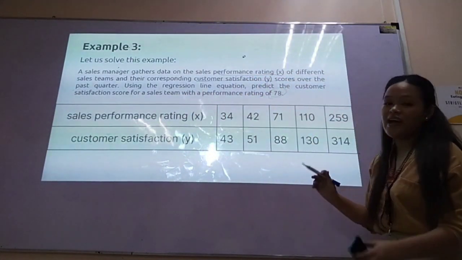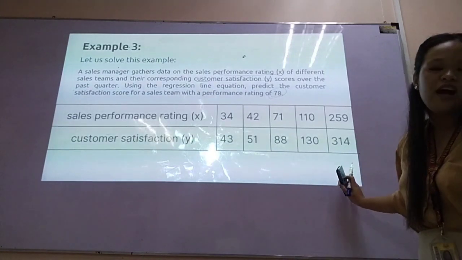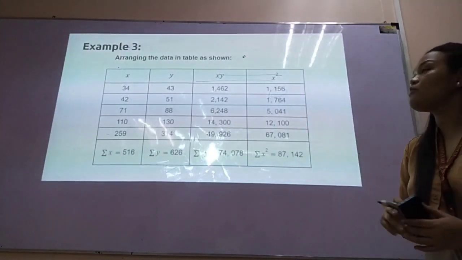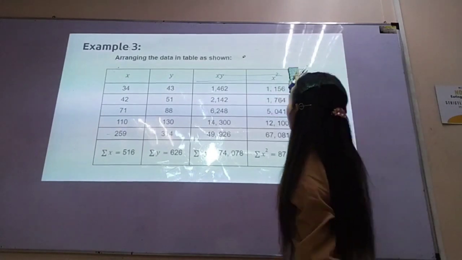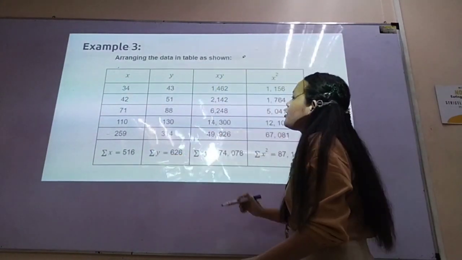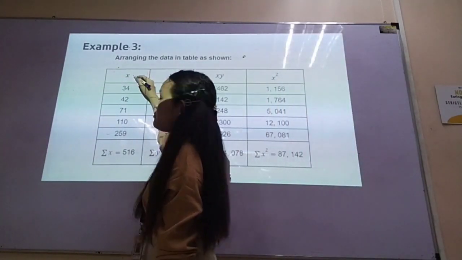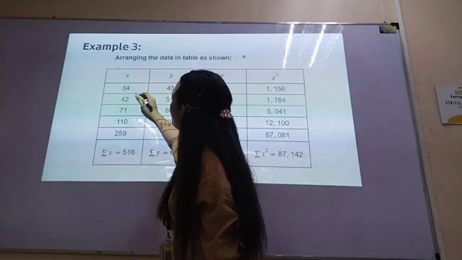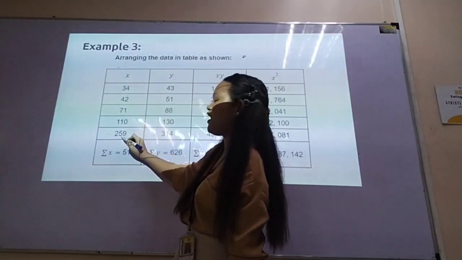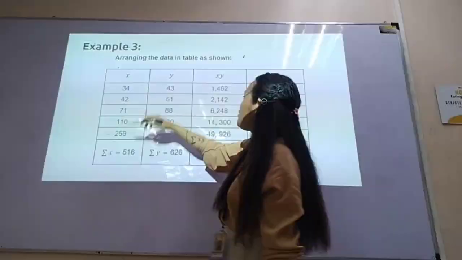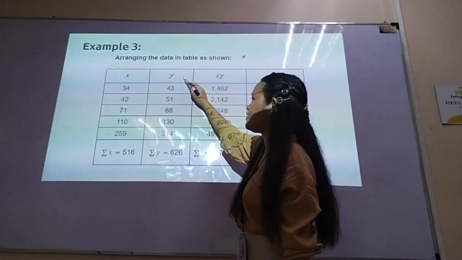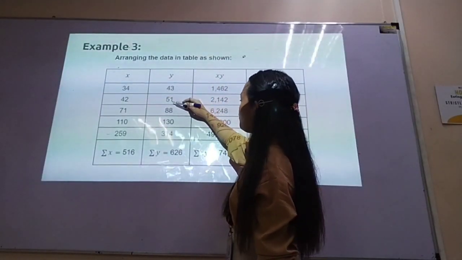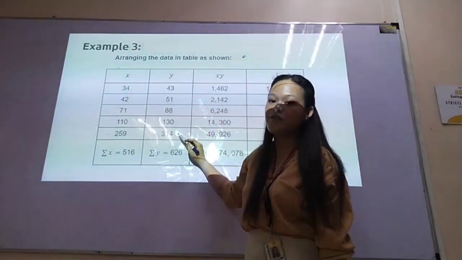So how are we going to get that? Remember the formula earlier. Here we're going to arrange the data on our table first. We're going to list our independent variables, which are 34, 42, 71, 110, and 259. And then we're going to list our Y variables second, which are 43, 51, 88, 130, and 314.